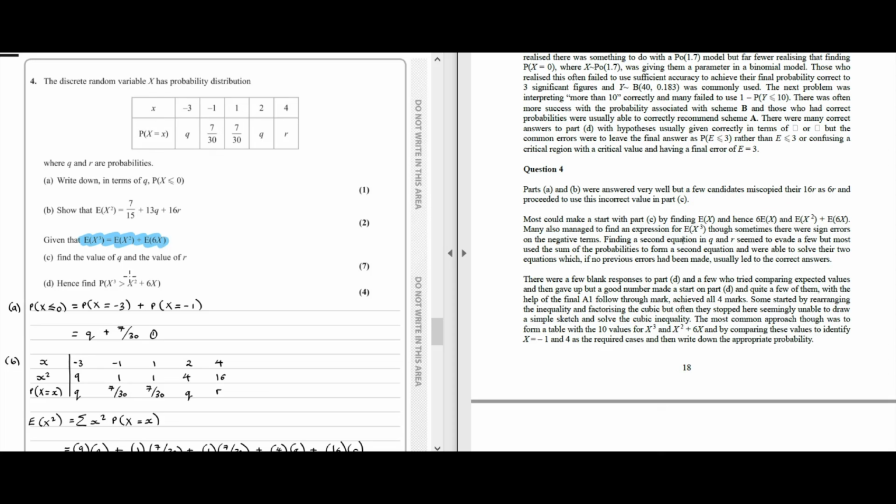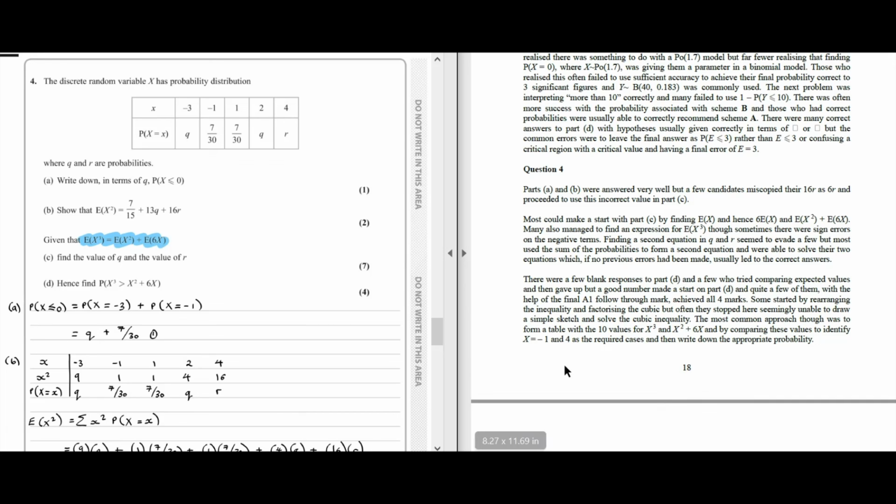For part D, where we had to find this probability, there were a couple of blank responses and a few who tried comparing expected values and then gave up, but a good number made a start on part D, and quite a few of them, with the help of the final A1 follow-through mark, achieved all 4 marks.